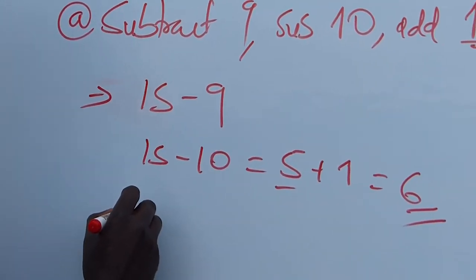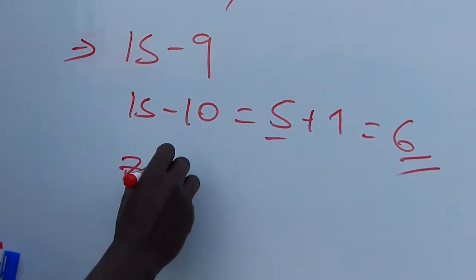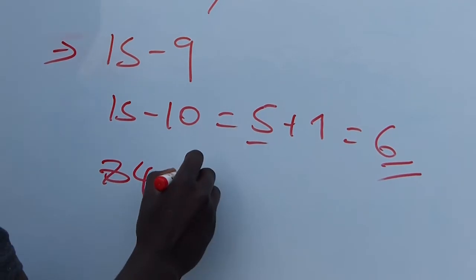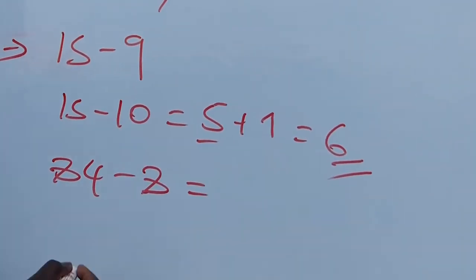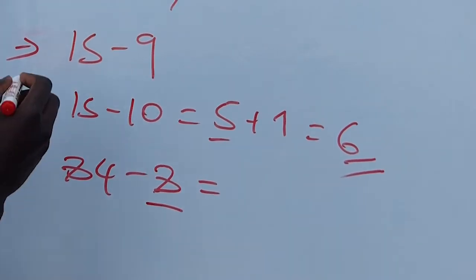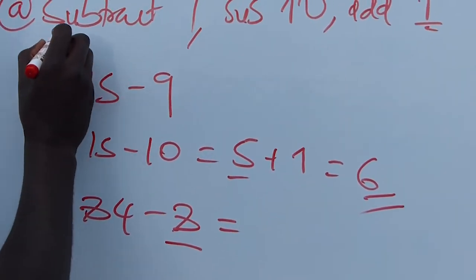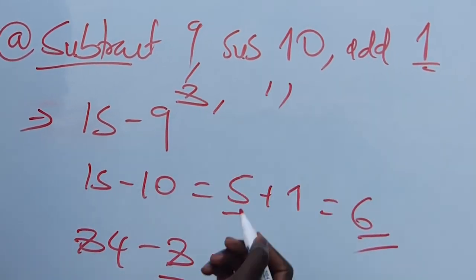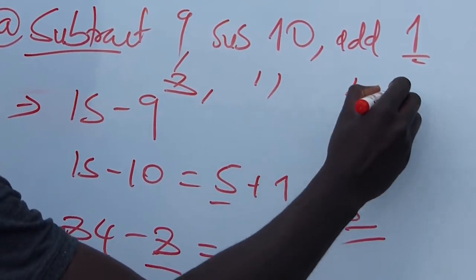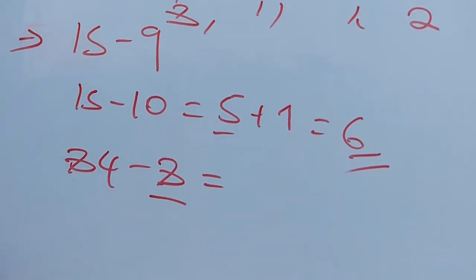So suppose you have, let's say, 84 minus 8. So if you had to subtract 8, just subtract 10, but then here you're going to add 2.